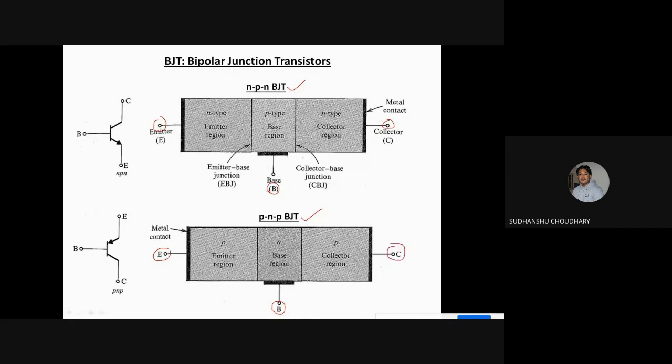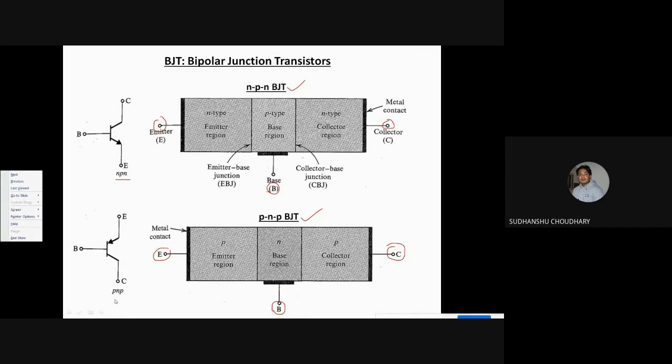The symbol of this NPN BJT is represented by this symbol, where the arrow is pointing away from the base. So this is my base, collector and emitter. The arrow is pointing out of the base.